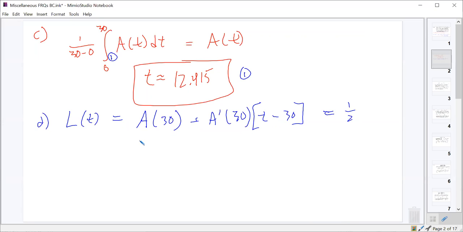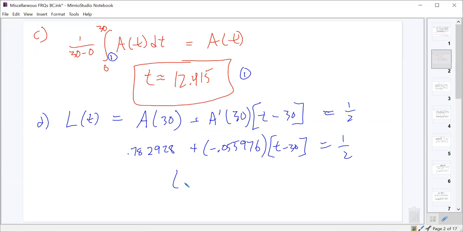The scoring guide says A of 30 comes out to be 0.782928, and A prime of 30 is negative 0.055976. And so you just graph that and you graph this and see where they intersect.